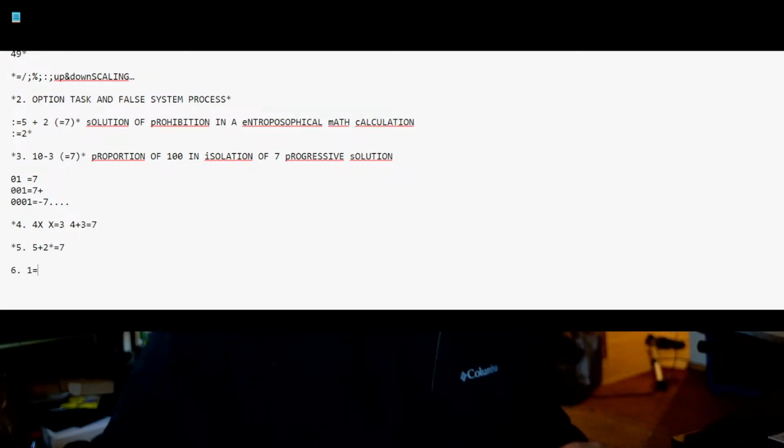No, 1 is equal to, equal is meaning 10 is equal to 99 through 2 is equal to 45.5.